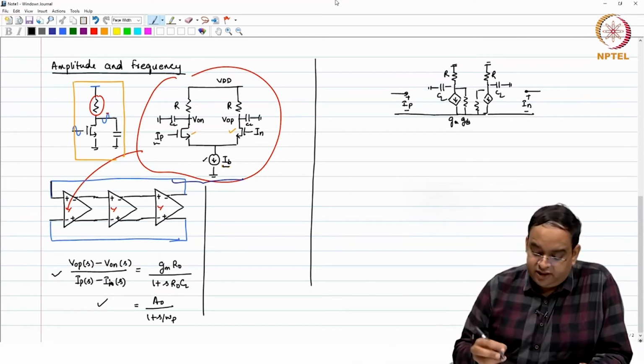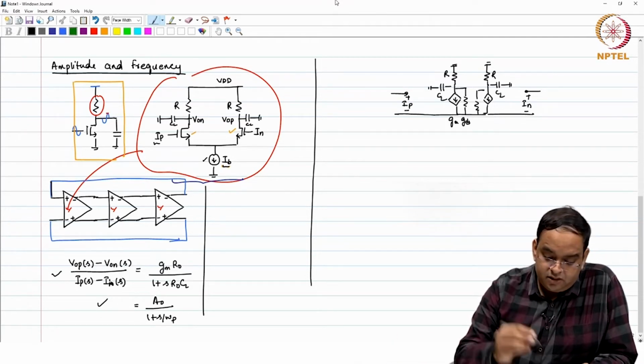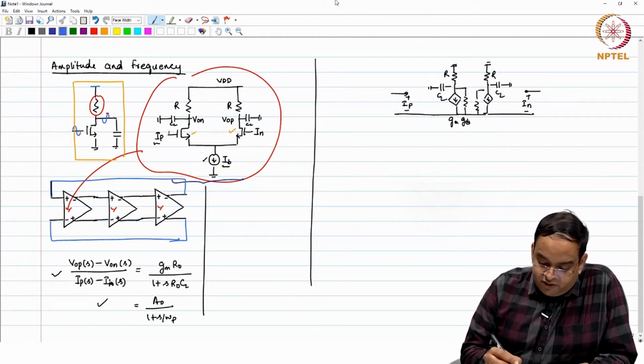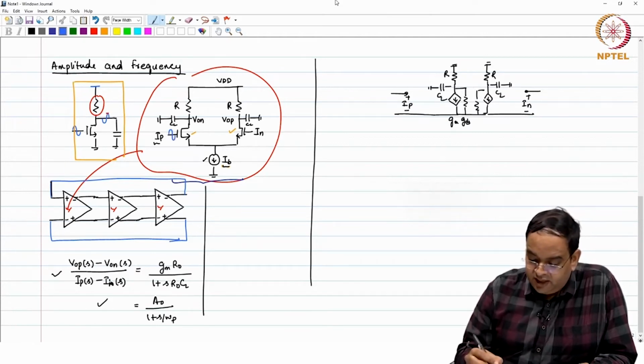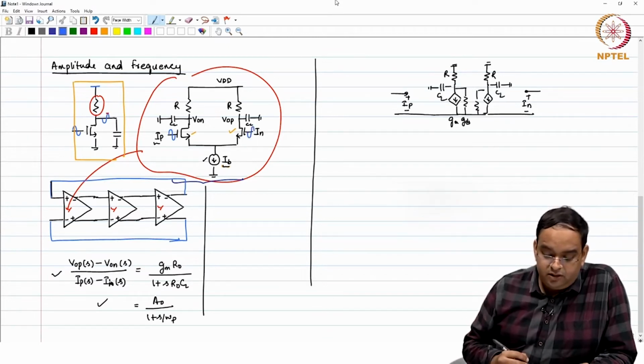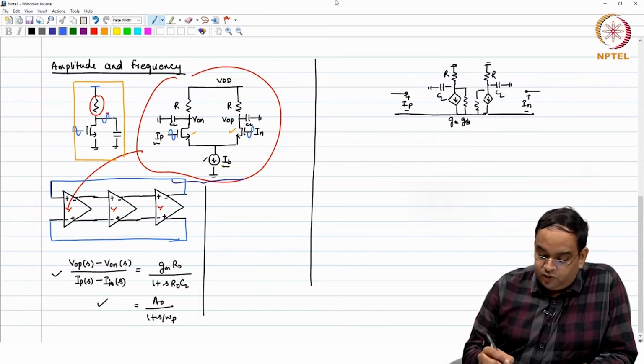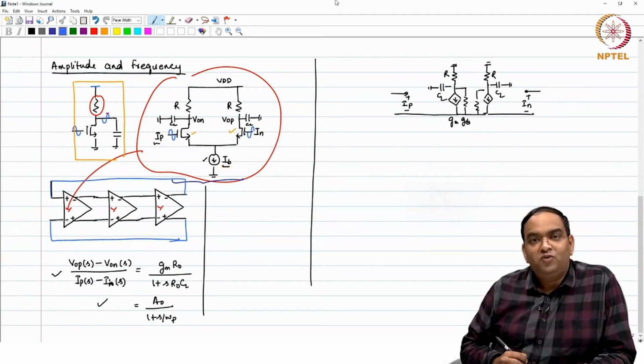So, now look at the circuit. When we are going to have a positive swing here, and this is in a differential connection, and a negative swing here, this swing is applied at a given common mode voltage.